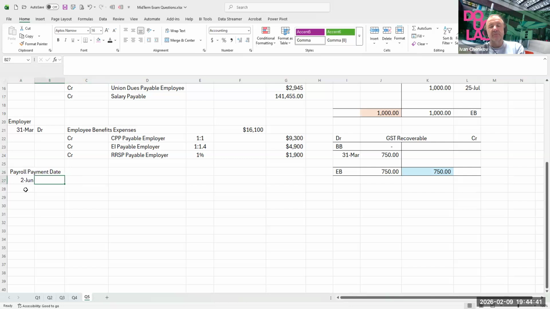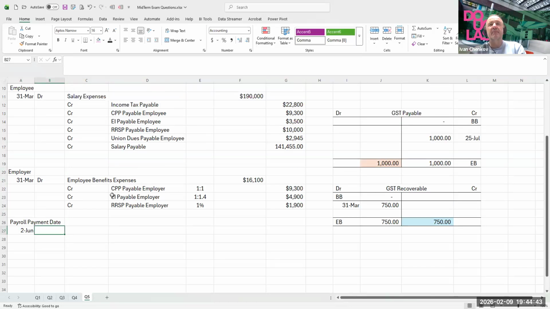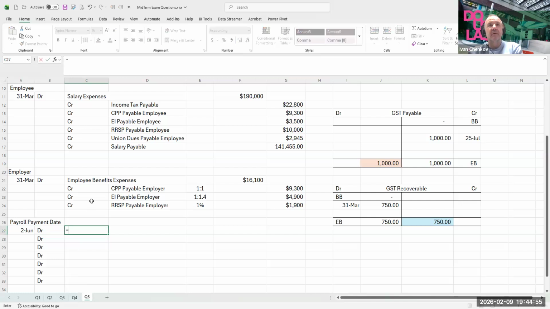So what we have to do is start with all the payables. Debit. Let's copy this debit because there will be a lot of debits here. First, we have to debit salary payable. Let's first pay the employee. Then we're going to start paying income tax payable.